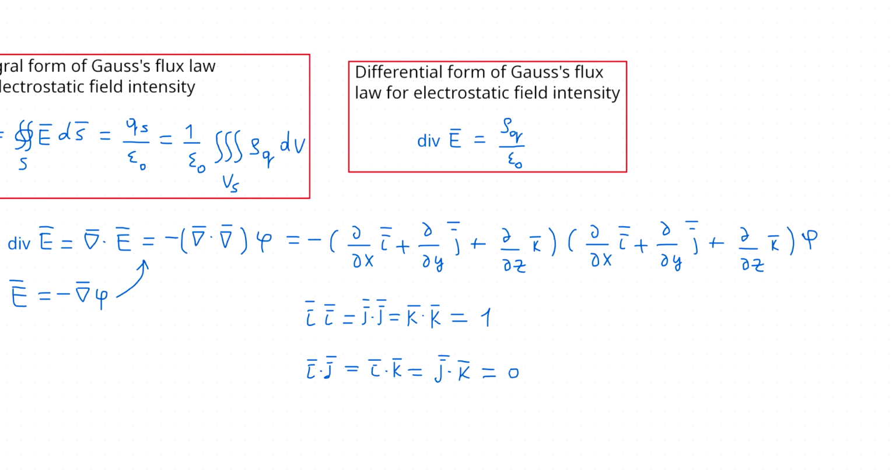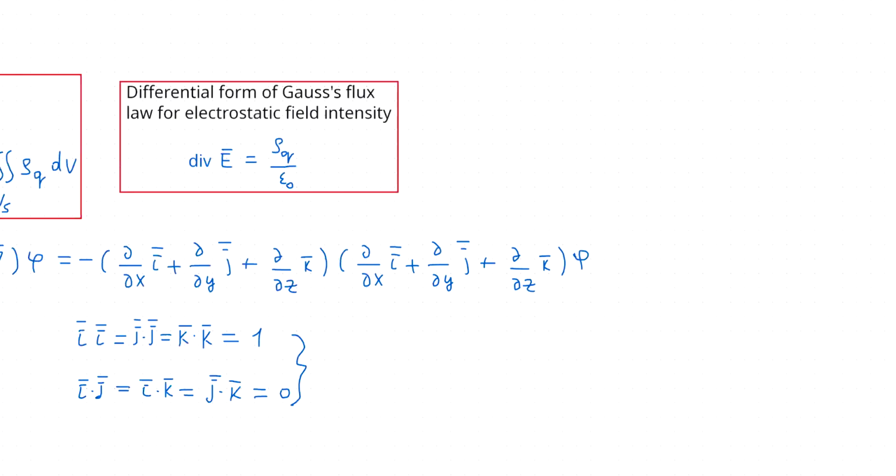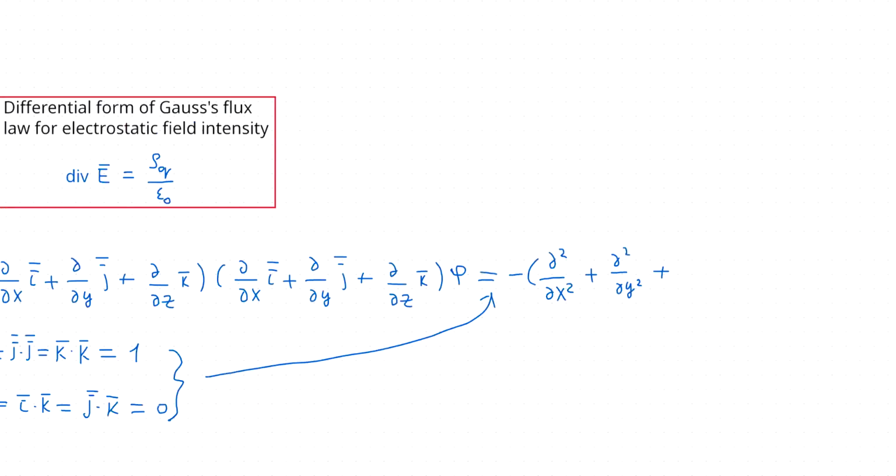If we take into account this, we will get that it will be minus d2 by dx2 plus d2 by dy2 plus d2 by dz2, multiplied by phi.